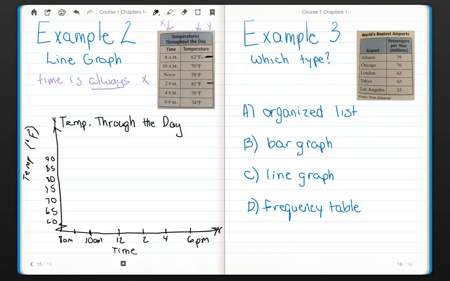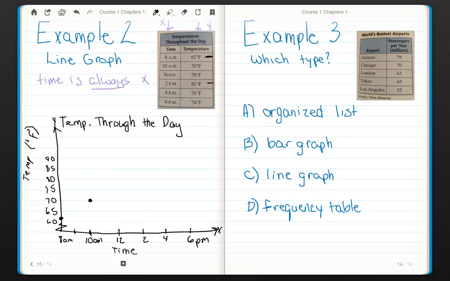So at 8 a.m., it was 62 degrees. So at 8 a.m., I'm going to place a dot where 8 a.m. and 62 degrees intersect. At 10 a.m., it was 70 degrees. So where the line for 70 degrees and the line for 10 a.m. intersect, you're going to place another dot.